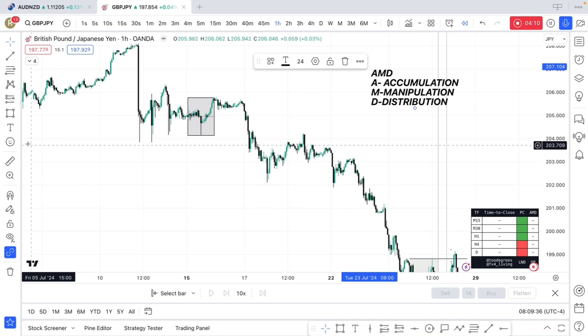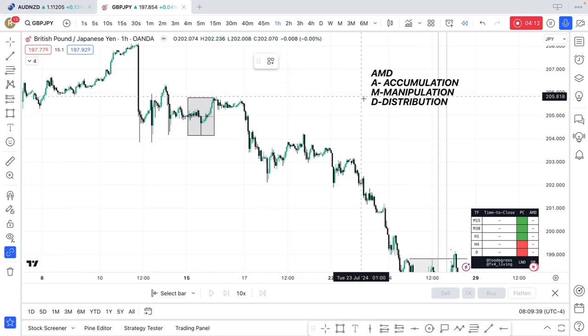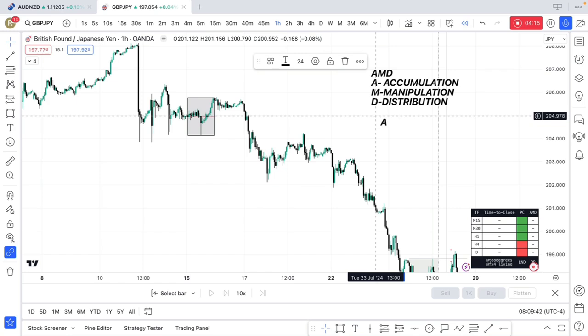More often, the accumulation happens on Mondays, the manipulation on Tuesdays, and the distribution happens on Wednesdays.